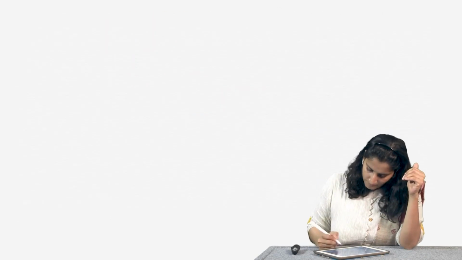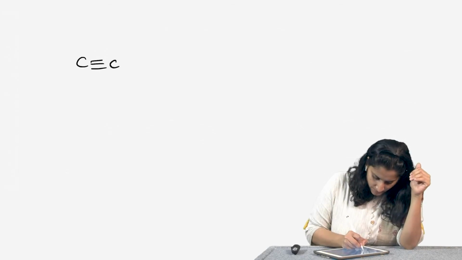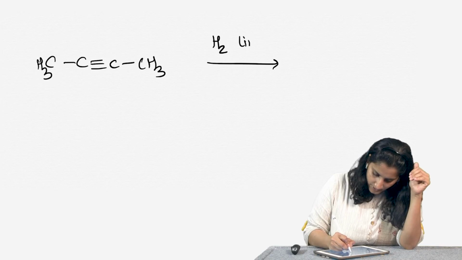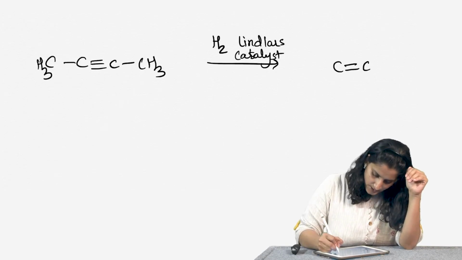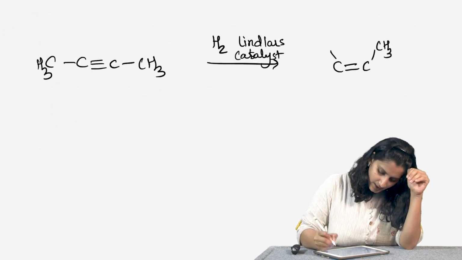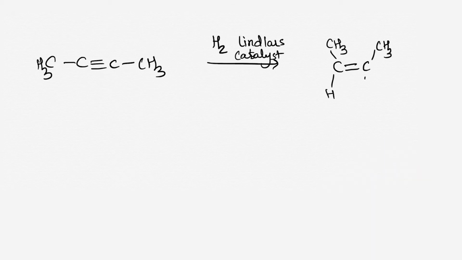So, if I am going to do the same reaction where hydrogen is added with Lindlar's catalyst, what happens is that I end up forming a syn addition of the 2 hydrogen atoms across the carbon-carbon triple bond, giving us a cis alkene.